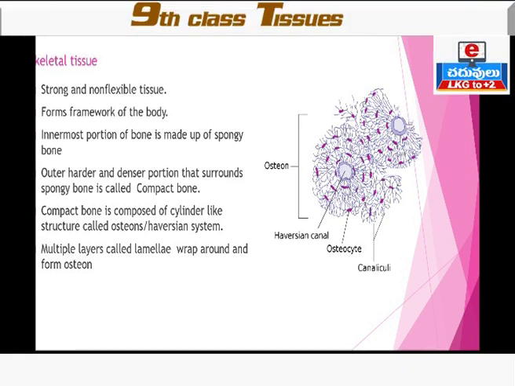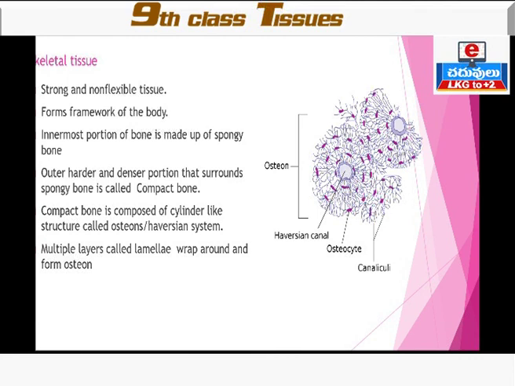When you take a cross section of a bone, you can see two portions. The innermost portion of bone is made up of spongy bone, and there are many cavities present inside the spongy bone. Hence it is called spongy bone. The outer harder and denser portion that surrounds the spongy bone is known as compact bone.